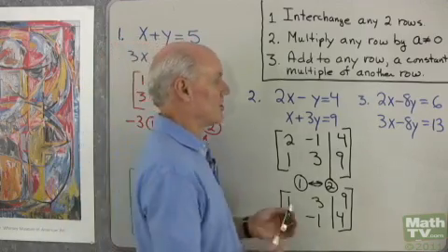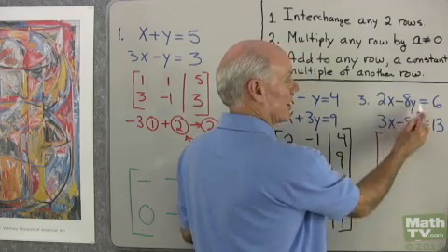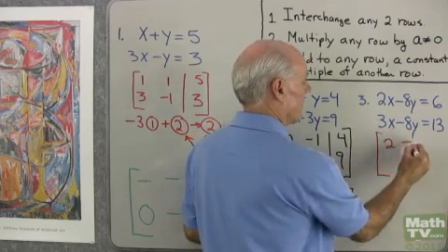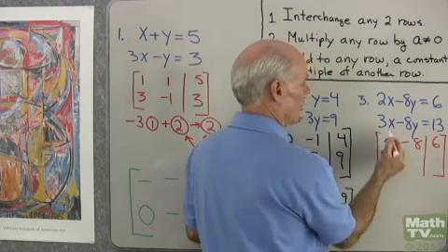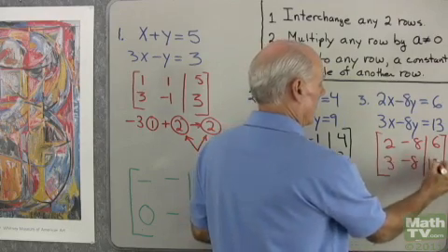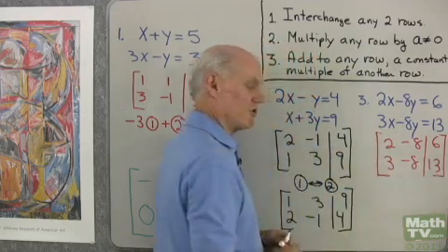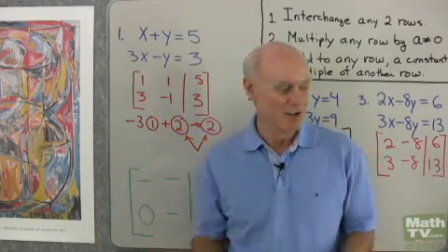Okay, let's go over to this system. I'll write my matrix. 2, negative 8, 6. All right. And how about 3, negative 8, 13? Don't let these two negative 8s confuse you. We still have the same goal, and that's a 0 right here. That's what we want to do.